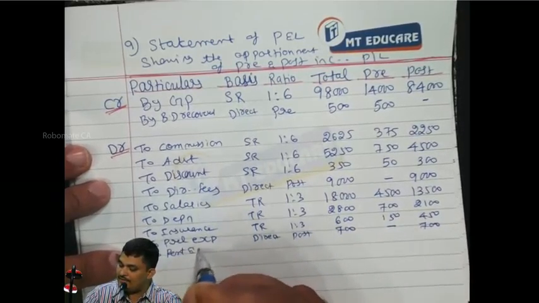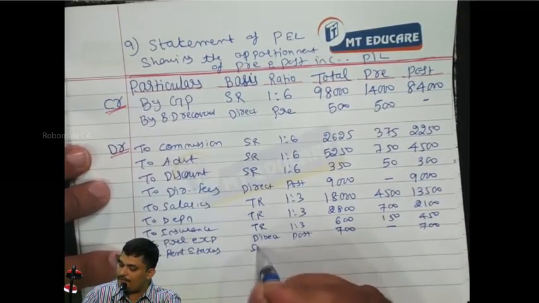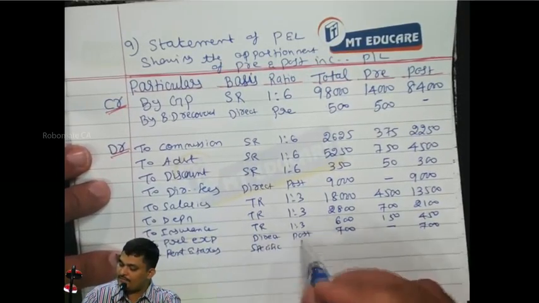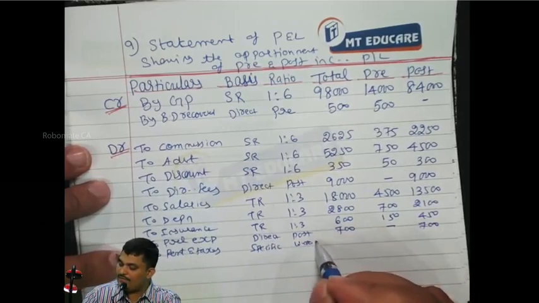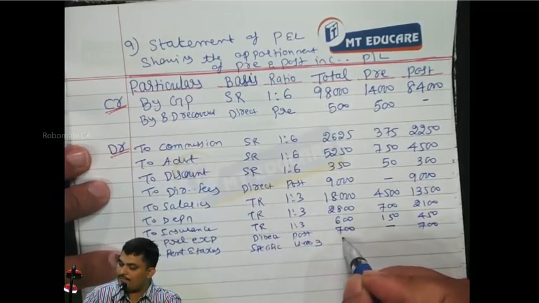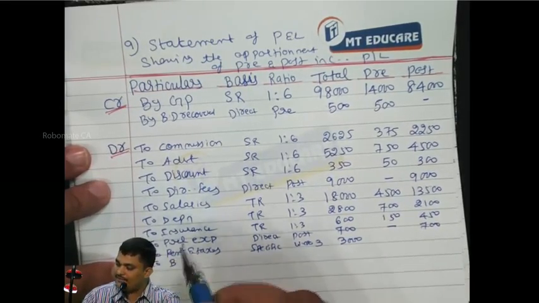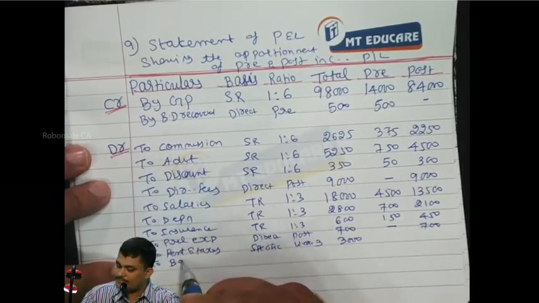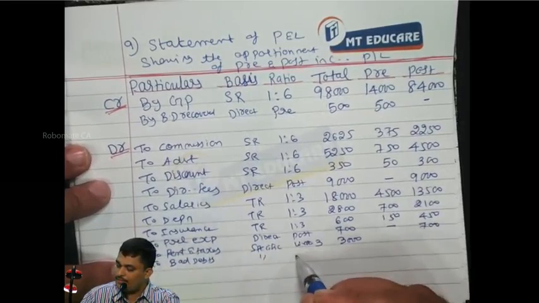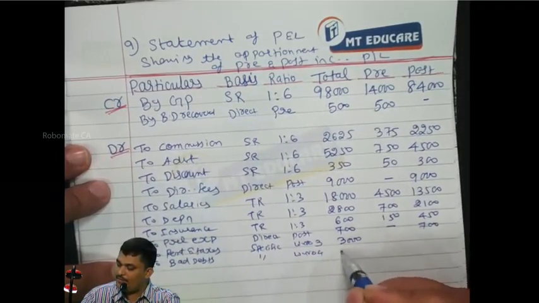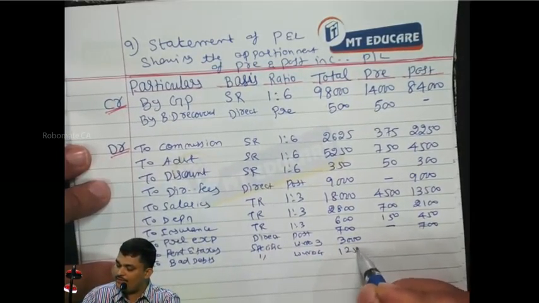Rent and taxes, specific, working note number, we'll take that later. Next, bad debts, working note number, amount 1250.